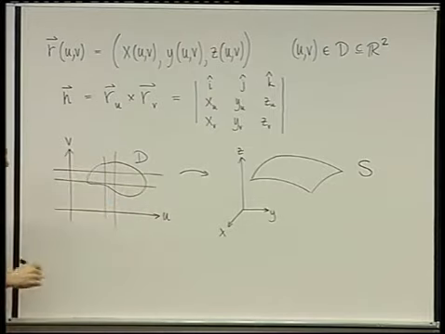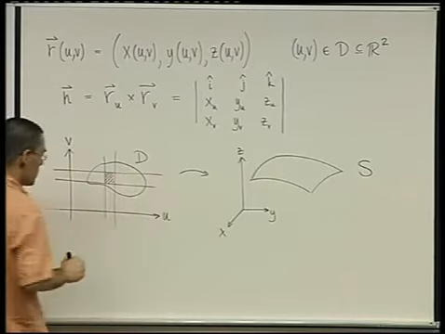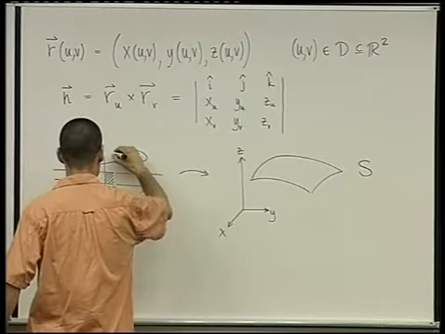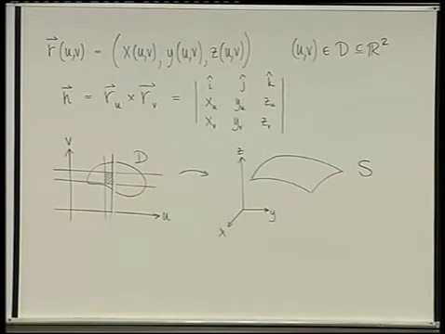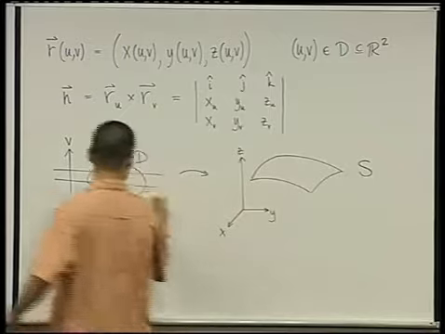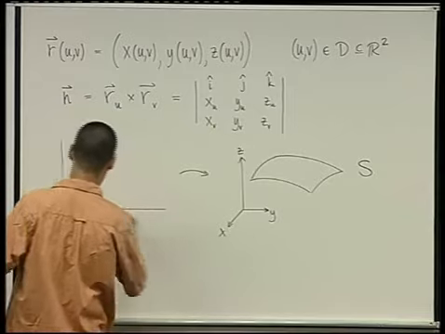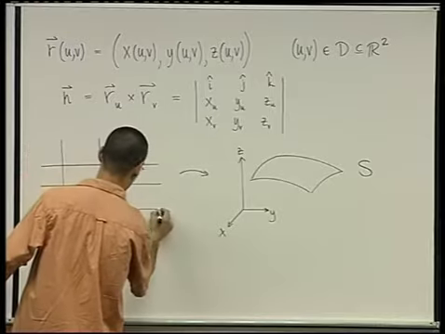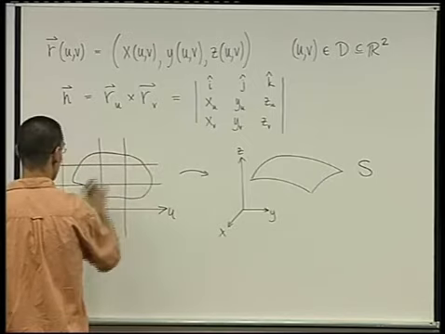In order for our picture not to get too blurry, I'm just going to draw two segments of this partition. And we get here some little rectangle. Let's make it bigger. So this is v, this is u, this is our domain.